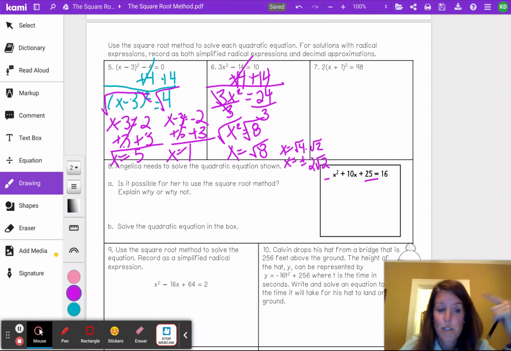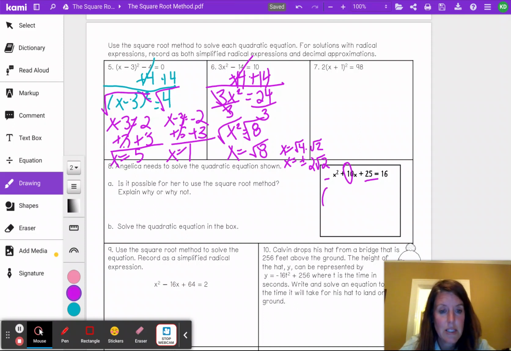And in order for it to be a perfect square trinomial, we have to look at that middle term. So square root of 25 is 5, and square root of 1 is 1. 1 times 5 is 5, and then we have to multiply that by 2. So 5 times 2 is, voila, 10. So this is a perfect square trinomial.